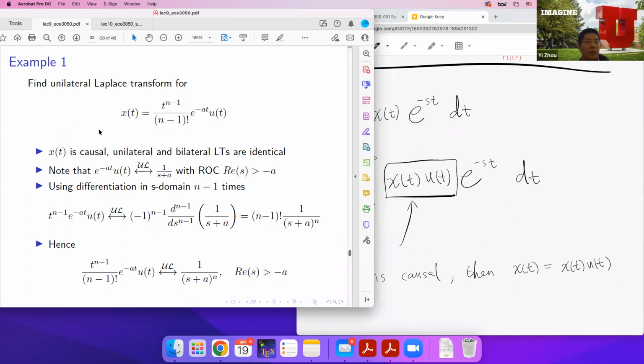First of all, because of this u(t), we know x(t) is causal. Due to this causality, the unilateral and bilateral transforms are identical for this signal.